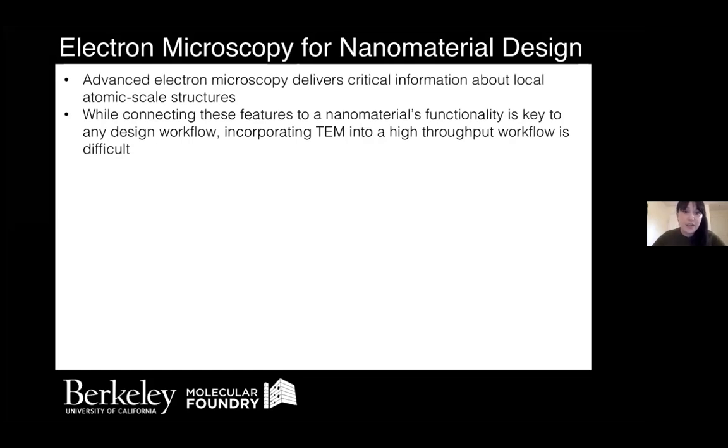And so critically, what we want to do is to use this electron microscopy information to understand and design a better nanomaterial functionality. And ultimately, what we would like to do is incorporate TEM robustly into high throughput analysis workflows.